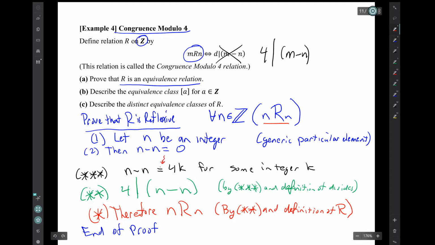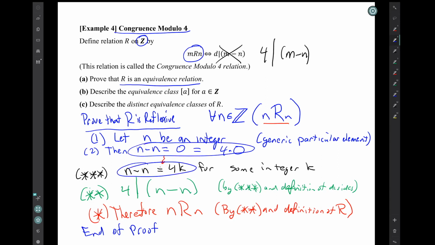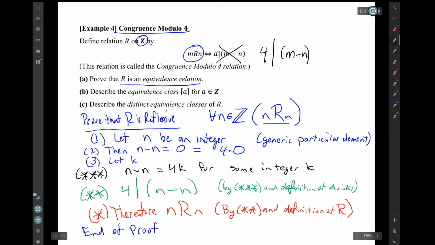We've got to be able to say that n minus n equals 4k. Well, let's write a little bit more on line 2. We know that we want to be able to say n minus n equals 4k, so on line 2, we're going to say that n minus n, which is 0, can be written as 4 times 0. So look, all we have to do now is introduce the k and point out that k is an integer.